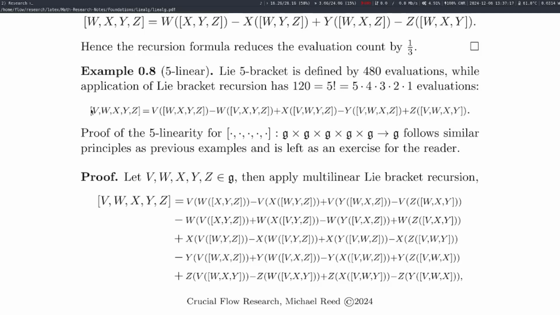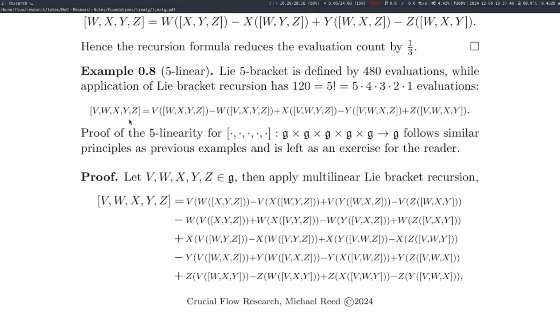Well, if we have a 5 bracket of v, w, x, y, and z, then we have v of the 4 bracket w, x, y, z minus w of the 4 bracket v, x, y, z plus x of the 4 bracket v, w, y, z minus y of the 4 bracket v, w, x, z plus z of the 4 bracket v, w, x, y.